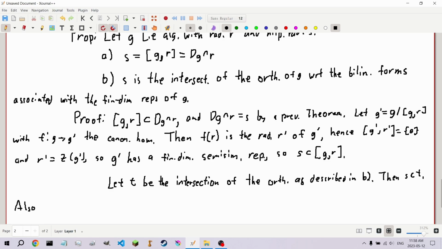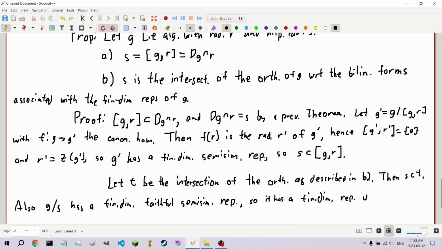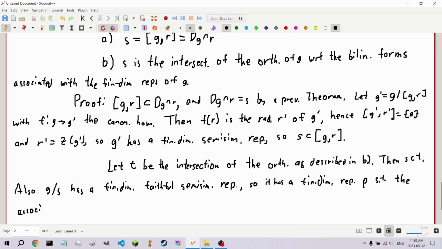We also have, though, that G over S has a finite dimensional faithful semi-simple representation, so it has a finite dimensional representation rho such that the associated bilinear form is non-degenerate.